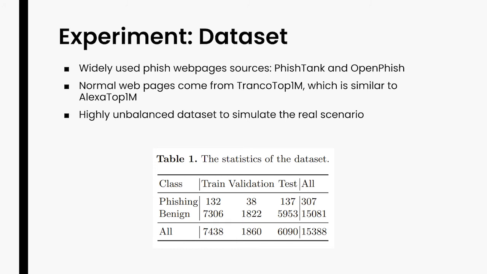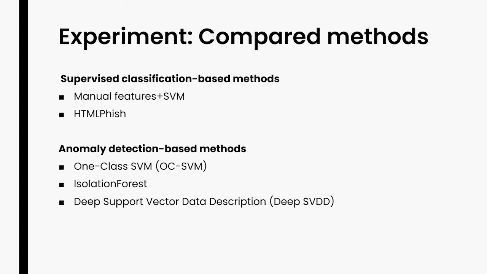Our crawler pays special attention to the login pages in normal web pages, since these pages are the common impersonation target. The competing methods can be grouped into two categories: supervised classification-based methods and anomaly detection-based methods.